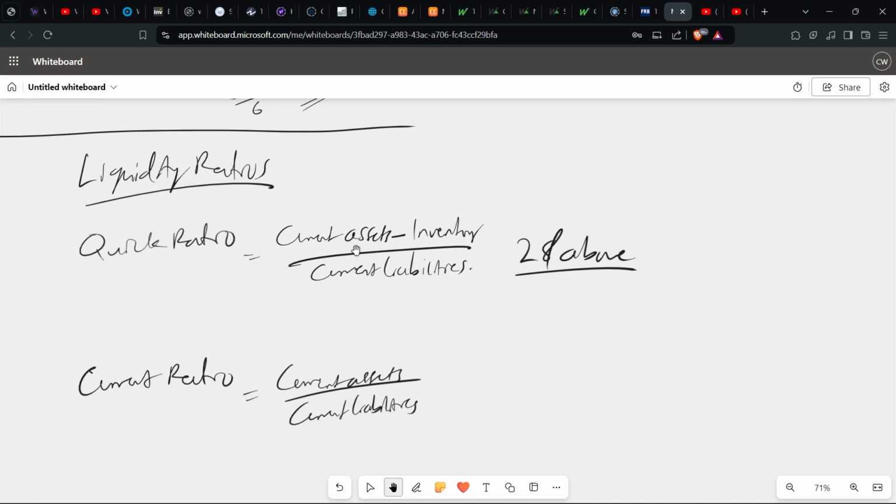Current assets minus inventory should be double the current liabilities, such that if inventory isn't moving, the company can pay off all of its current liabilities and still have current assets left to move on with the business before the inventory starts to move again. All right. And usually, this ratio tells you how well a company can do during an economic recession.